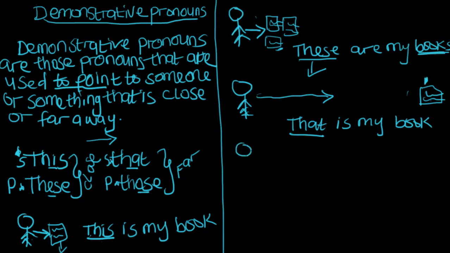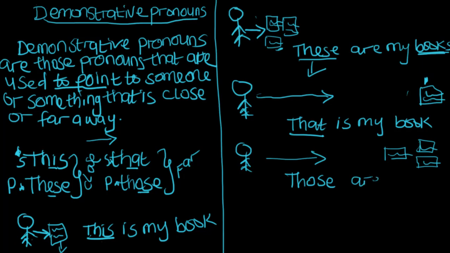And when we have maybe more than one book, pointing to that, those are my books, because the books are more than one. Those, something far, the books are far, and then it's more than one.